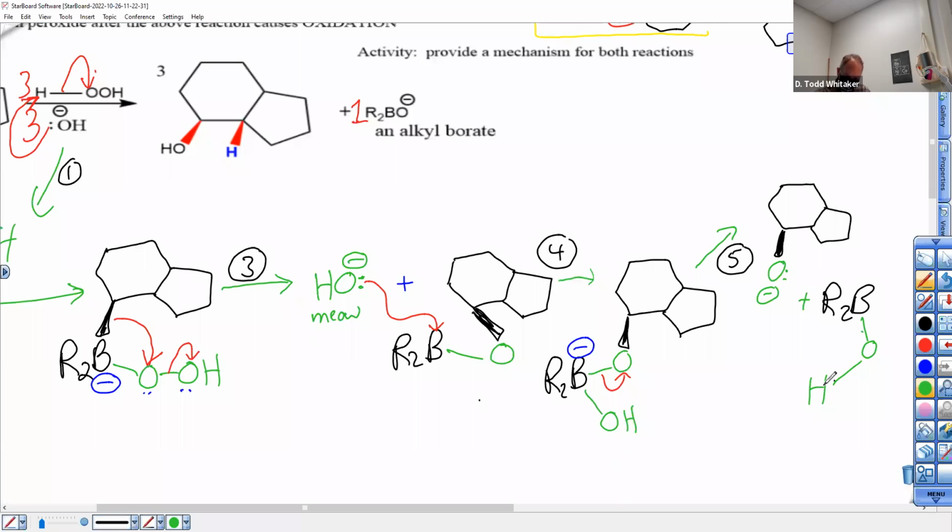Why do you think I drew that bond to H? It's because step 6 is what kind of reaction? Acid base. I need a proton and a base. You see both things? I see both things. And you're making an alcohol. Surprise?